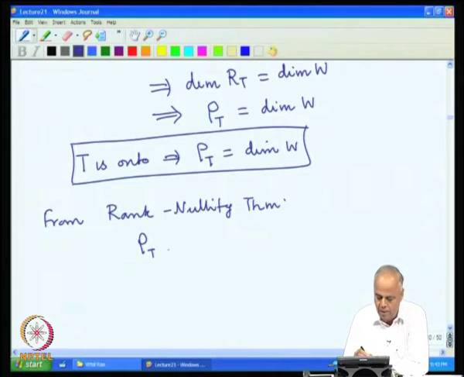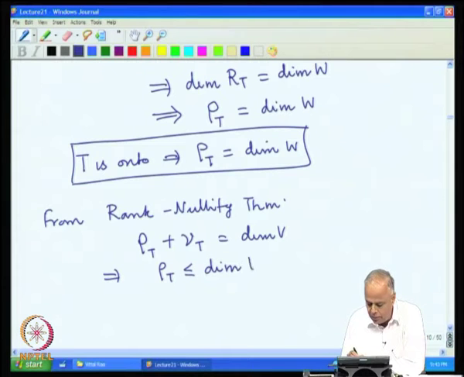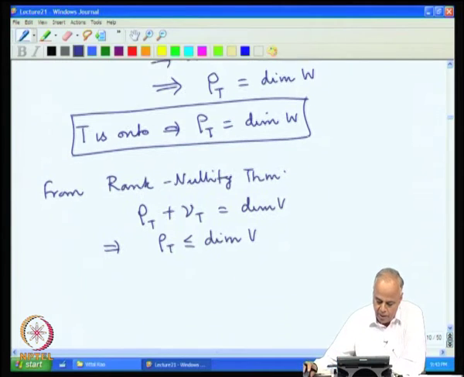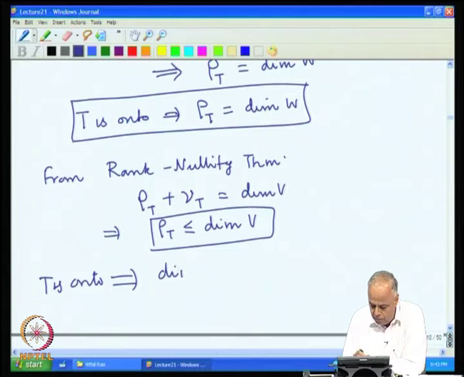The rank of T plus the nullity of T is the dimension of V, and therefore, the rank of T, if we add something non-negative, namely nullity T, to it, we get the dimension of V. Therefore, the rank of T must be less than or equal to the dimension of V. Hence, comparing this statement with the earlier statement, we see that T is onto implies the dimension of W must be less than or equal to the dimension of V.